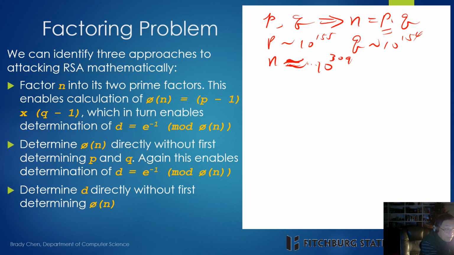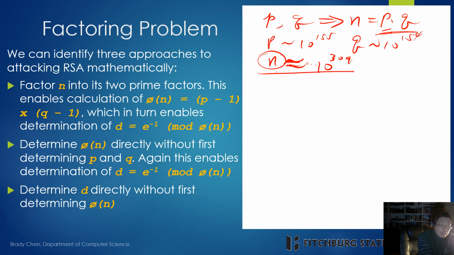The first way they're going to attack it is to try to factor n. Because the attacker knows that if someone wants to use RSA, they have to generate n by multiplying 2 prime numbers. So if they can factor n, then they find the solution, right?